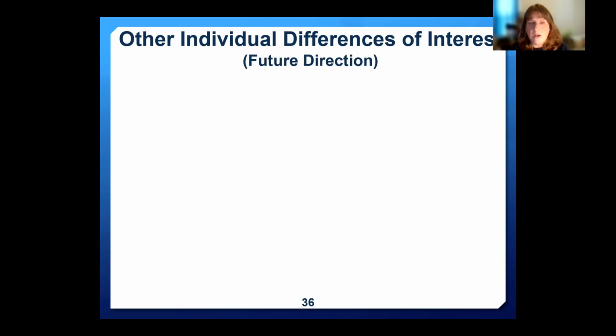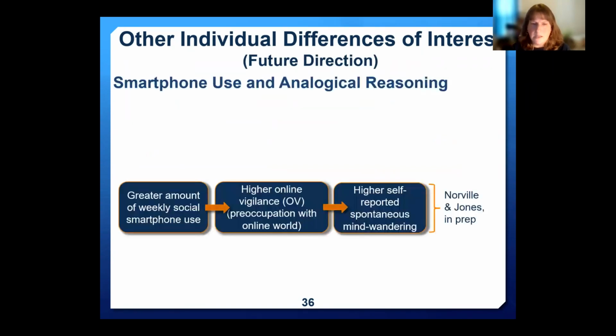And then another area of interest, one of my other research interests, is smartphone use. I would like to one day, a couple of years down the road, converge my interest in smartphone use with analogical reasoning. My former grad student's research focused on smartphone use and mind wandering.